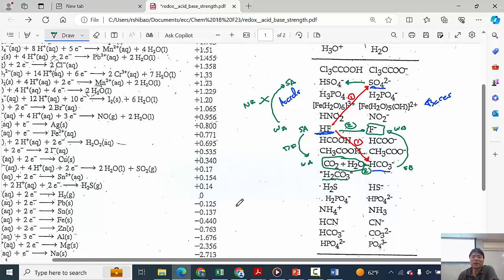Likewise, let's look at what happens with the base. We go from sulfate to fluoride. What's happening here? It's a weak base to a stronger base? Yeah, we're going from a weaker base to a stronger base.